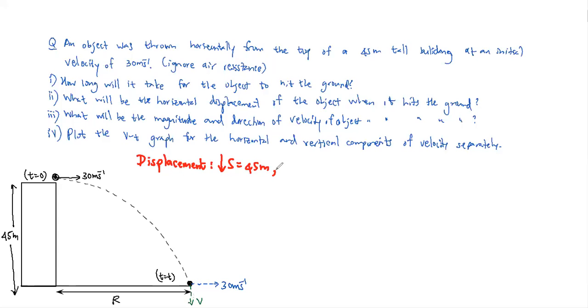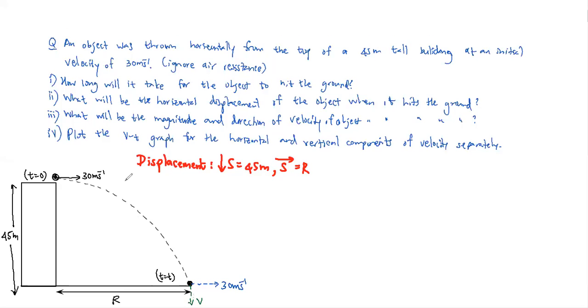And displacement in the horizontal direction, it was here initially. Now it has gone this much distance that we don't know. That is r. All right. So for displacement, there are two components: vertically 45 meters downwards and horizontally r towards right.